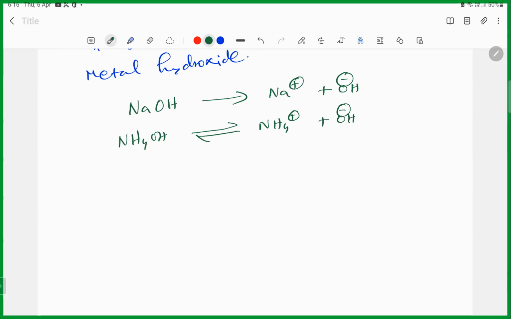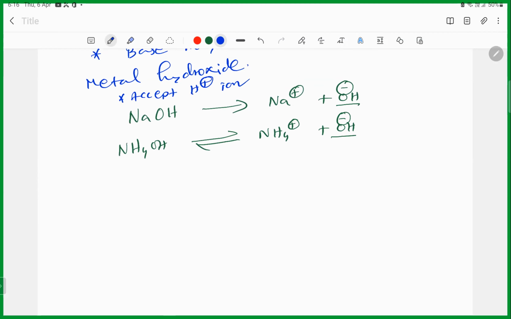So this is called a base. Another thing, we call it a base because of the OH minus ion. Otherwise, if it accepts H plus ion, then it is also called a base.